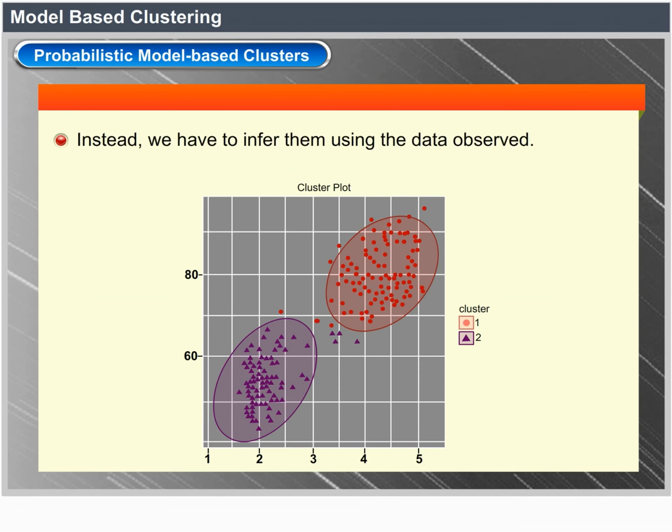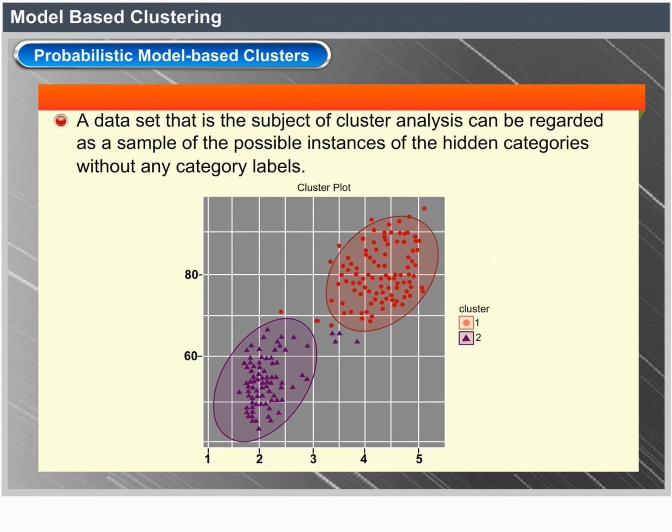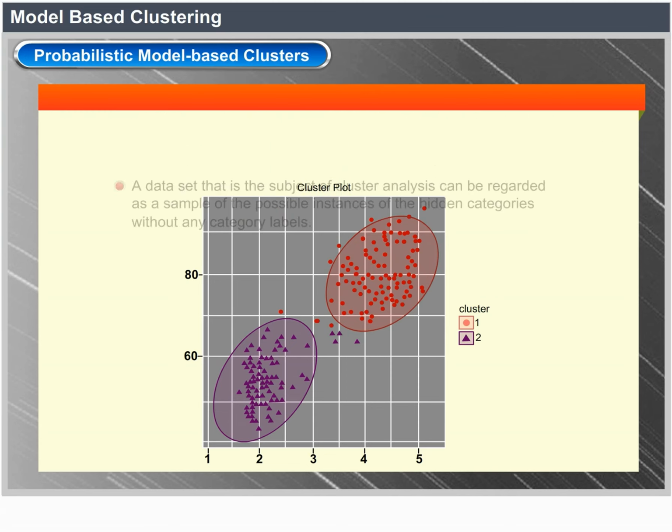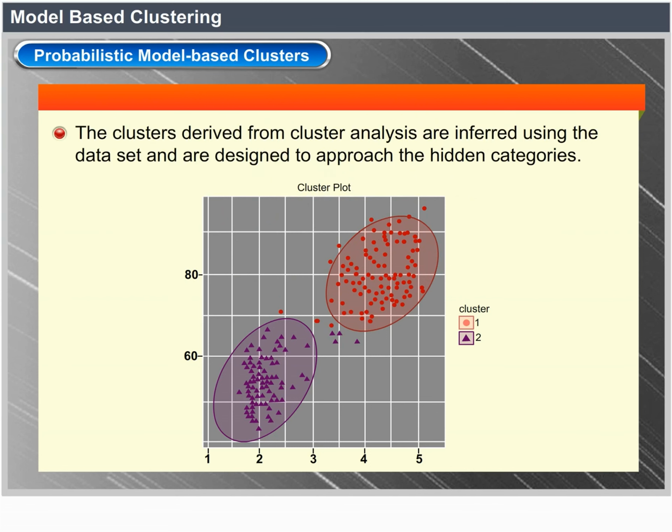A dataset that is a subject of cluster analysis can be regarded as a sample of the possible instances of the hidden categories, but without any category labels. The clusters derived from cluster analysis are inferred using the dataset and are designed to approach the hidden categories.